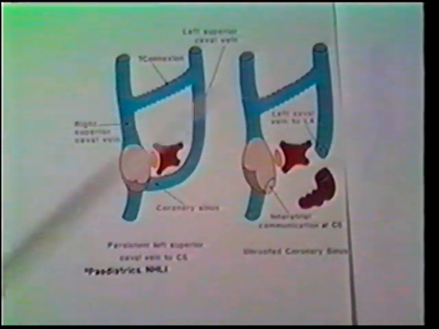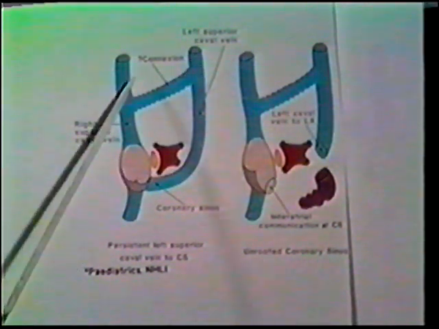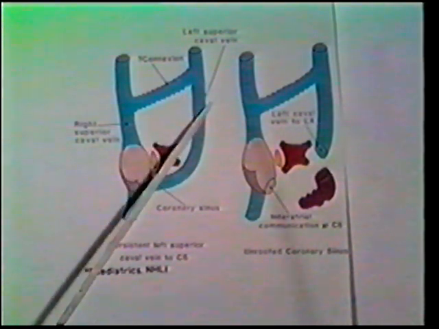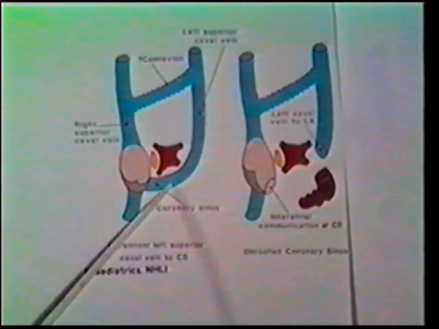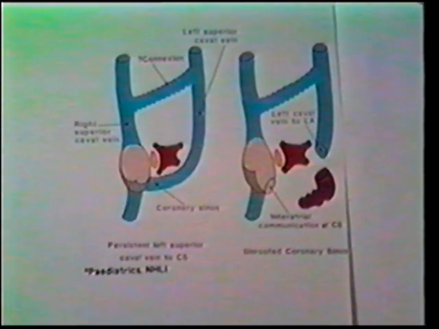It consists of a venous channel which duplicates the right superior caval vein, but it comes in here and is continuous into the coronary sinus to empty into the right atrium.